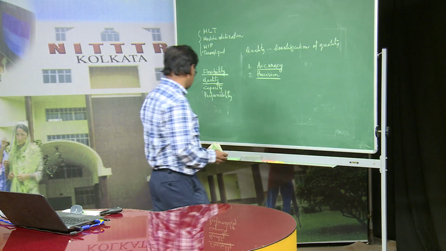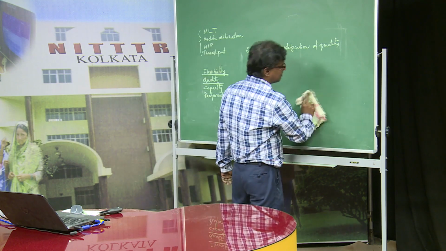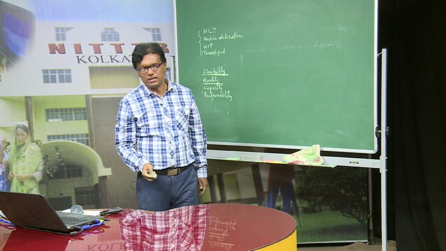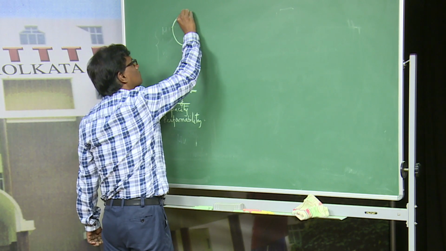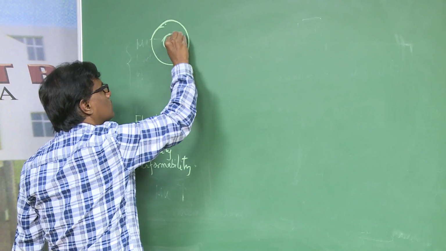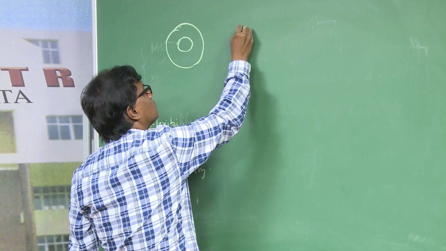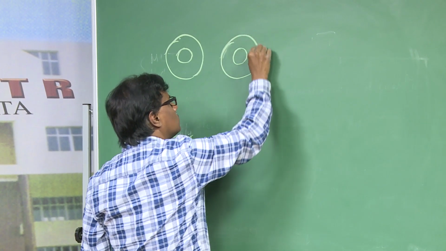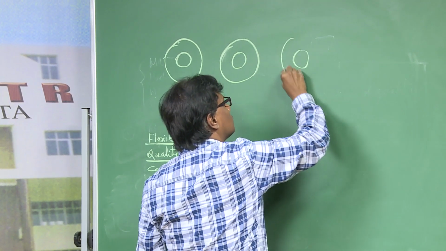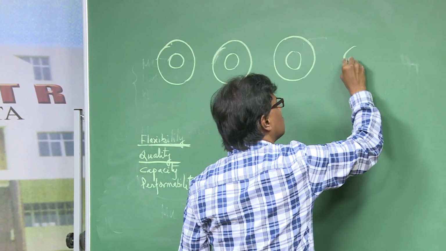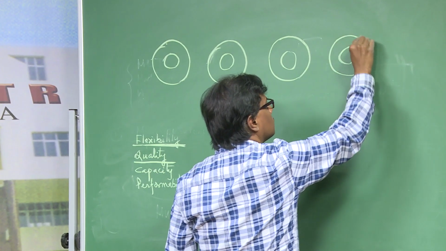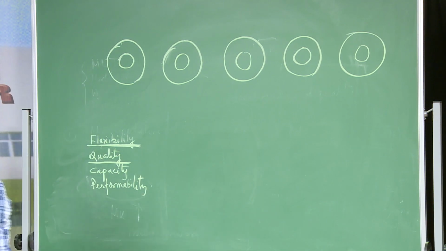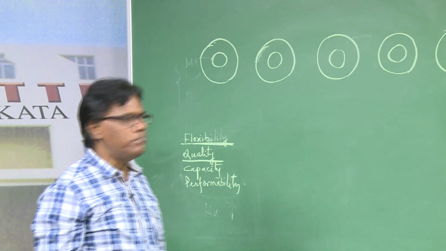Let us try to understand these things graphically, because these two terms are frequently confusing in nature. Suppose you have to throw 5 bullets.